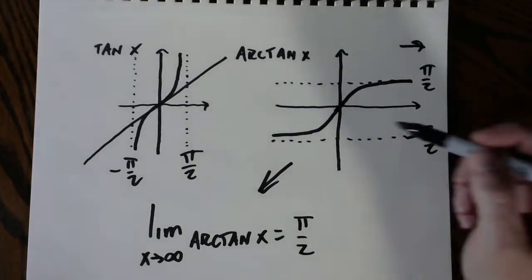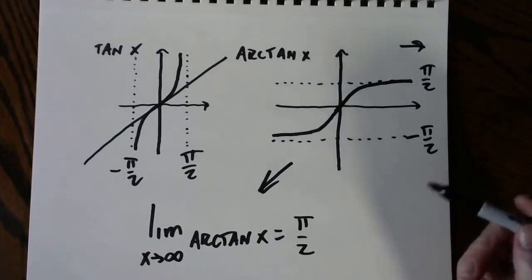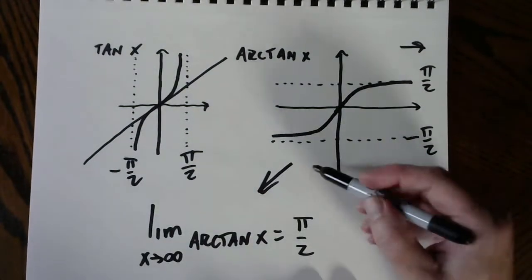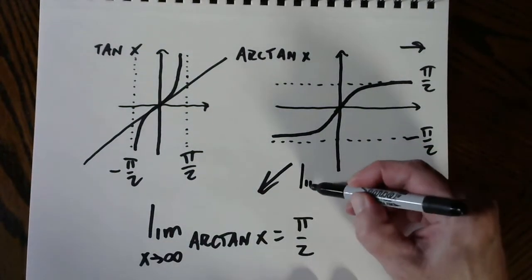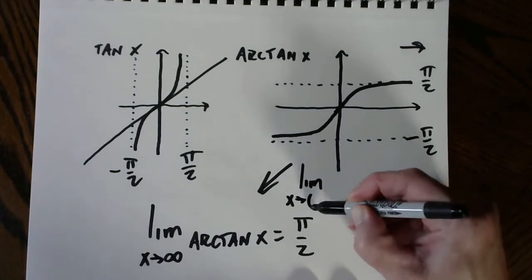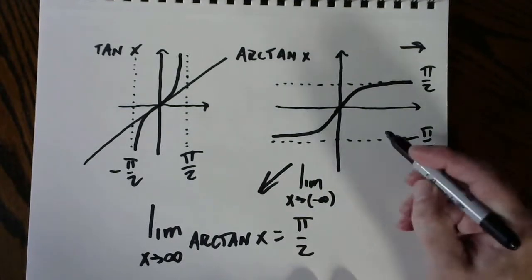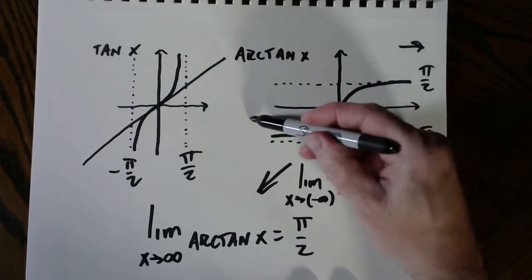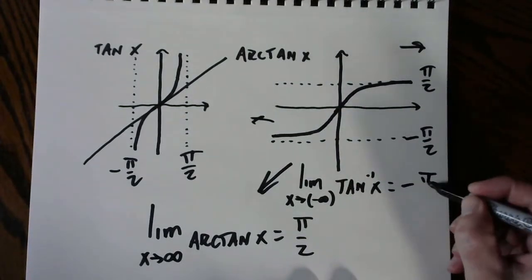Okay, and then likewise, I didn't leave myself any room. I apologize. Oh, let me try to fit it in here. As x approaches negative infinity, let's write it like this. Same thing. It approaches negative pi over 2.